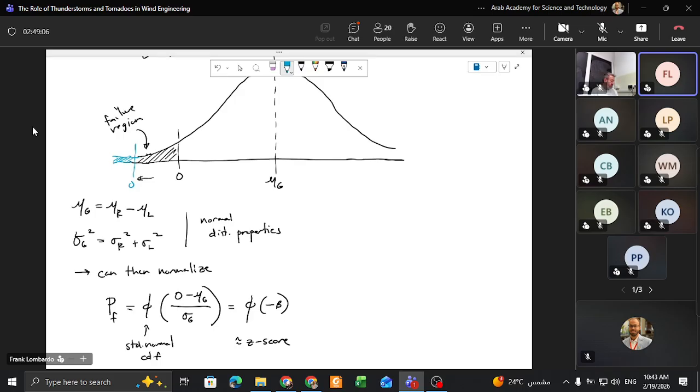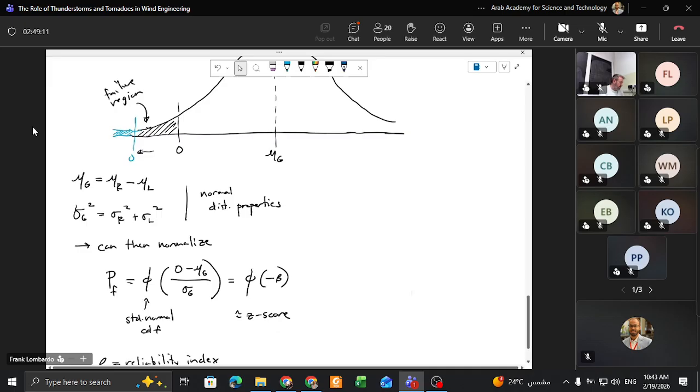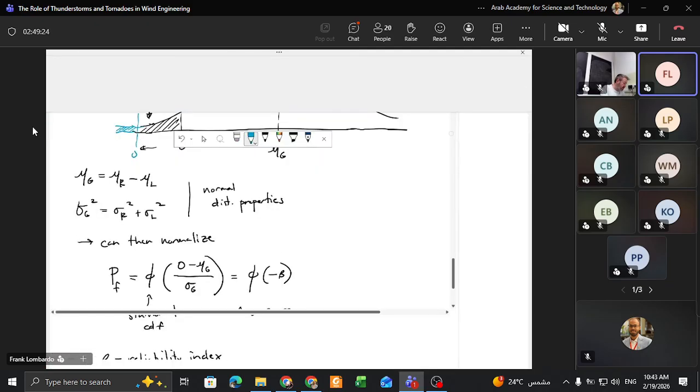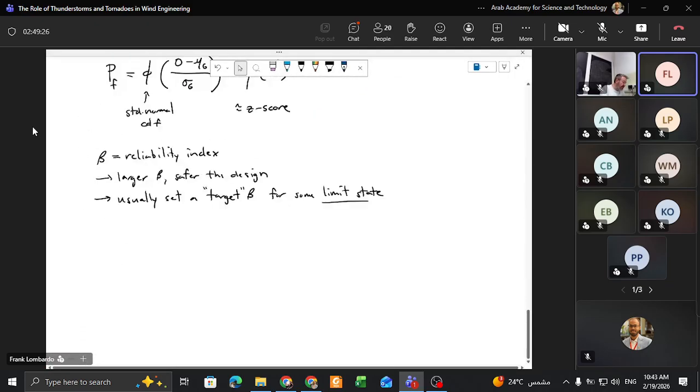Your z-score is going to be higher. Questions on that? Okay, that's just a basic framework. Like I said, there are those four courses on structural reliability, if you're interested.